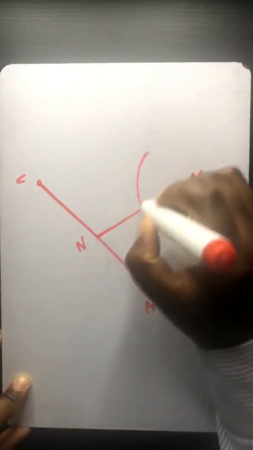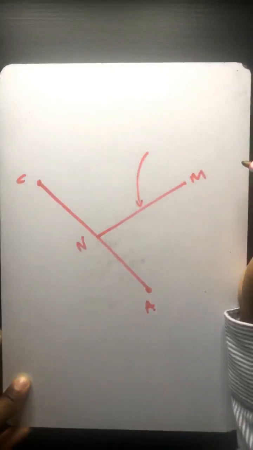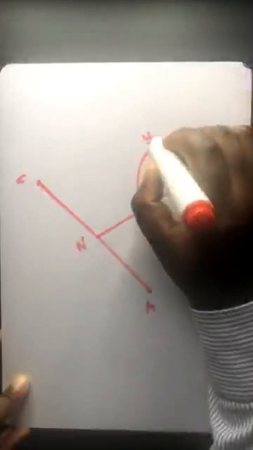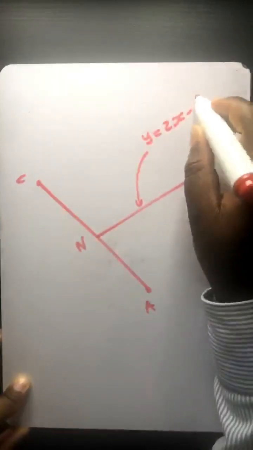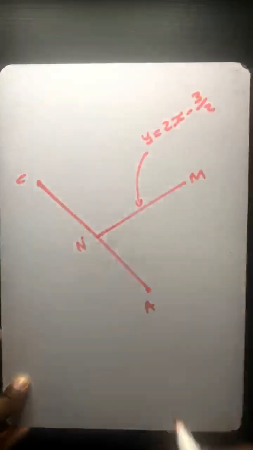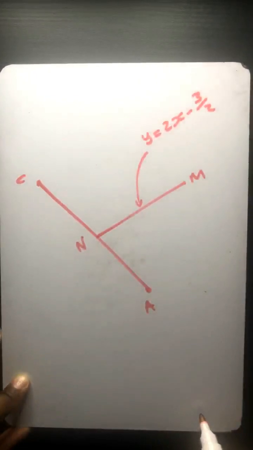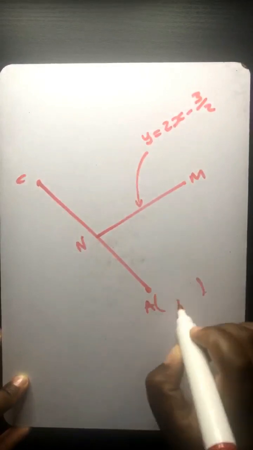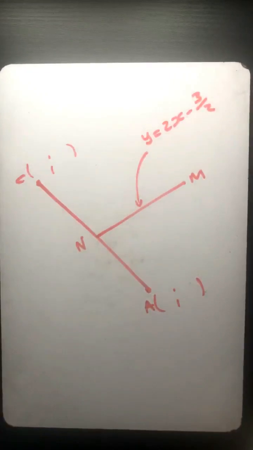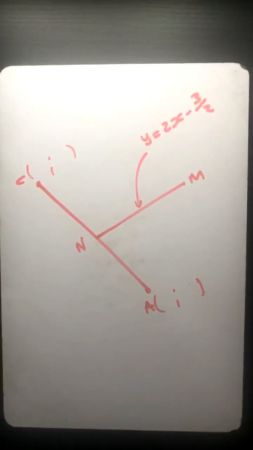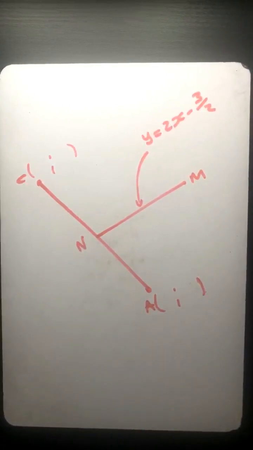Do you guys agree that we just calculated the equation for that line, which is why it's equal to 2x minus 3 over 2. So based on Umi's input in the form of a question, I will be able to give you option B to answer that question.